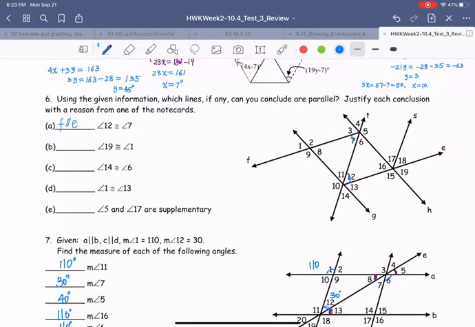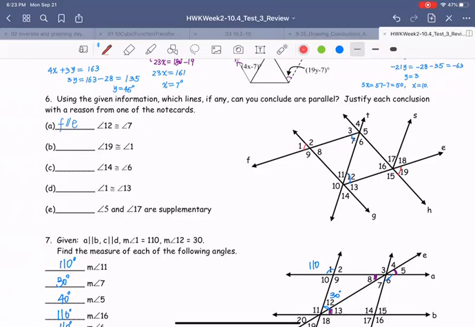Yes. Okay, now let's do 19 and 1. It's good that I have so many colored pens to use. Angle 19 and angle 1.